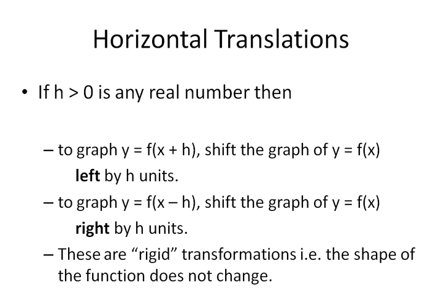That is, the shape of the function does not change. To me, this seems counterintuitive, since replacing x with x plus h makes the graph shift left, whereas replacing x with x minus h makes the graph shift right.